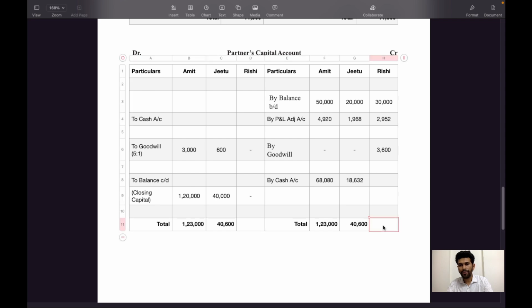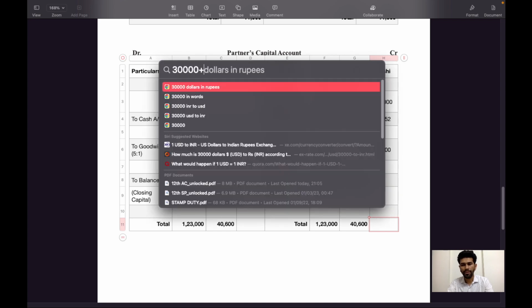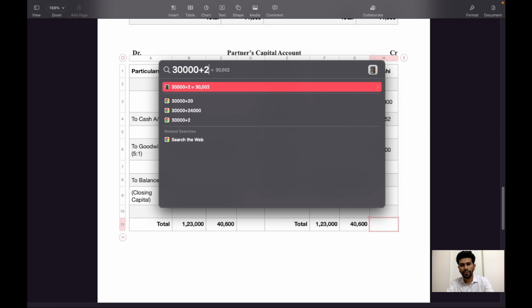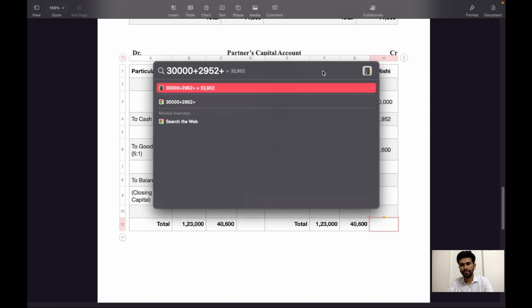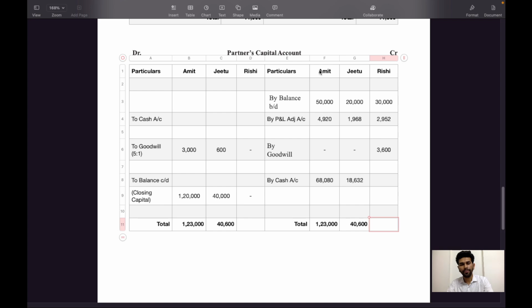Total is 30,000 plus 2,952 plus 3,600, 36,552.